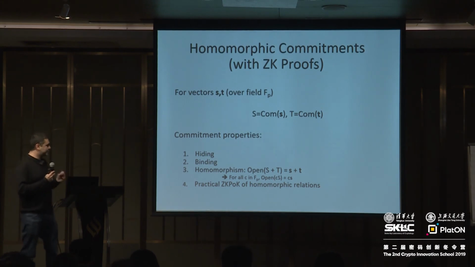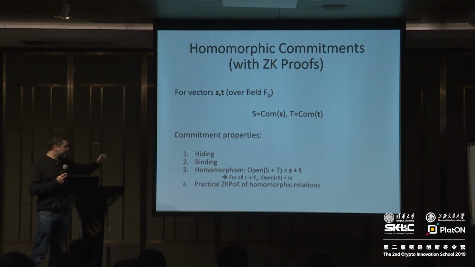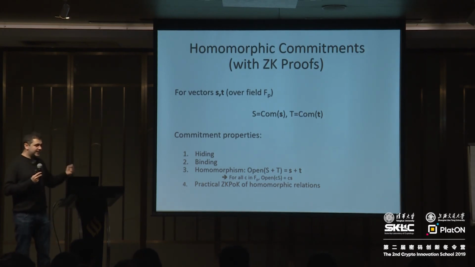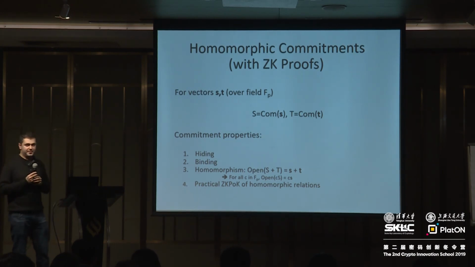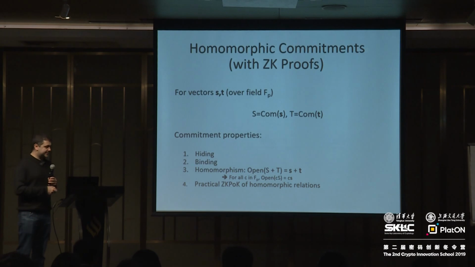And I can also prove to you that if you have three commitments, let's say S, T, and U, the opening of S plus the opening of T will be the opening of U. So the sum of the messages in the commitments really is the message in the third commitment. So we have practical zero-knowledge proofs for these relations. Let's just pretend we have such commitments.